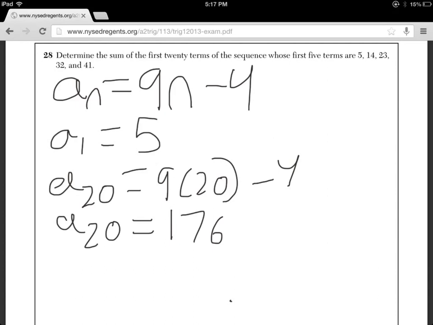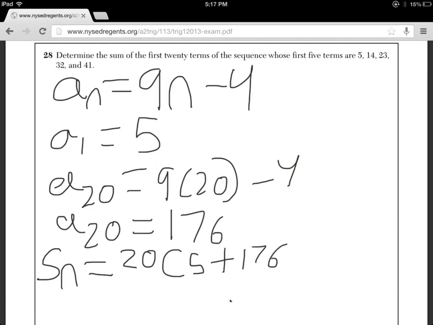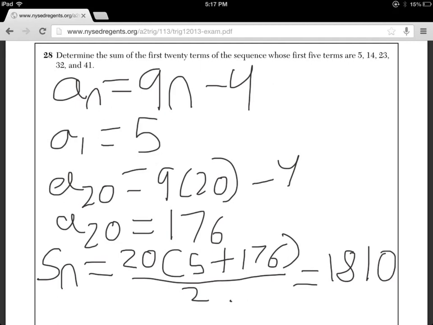If we were to write that out, the sum of n numbers is equal to the number of numbers times your first number plus your last number, right, divided by 2. And that tells you that the sum of the first 20 numbers of the sequence is 1810.